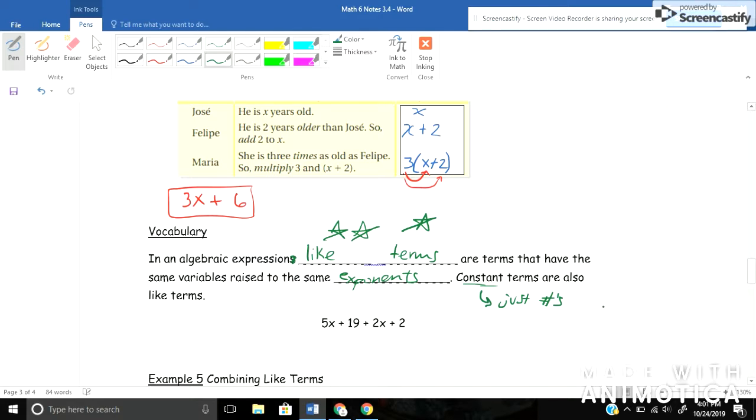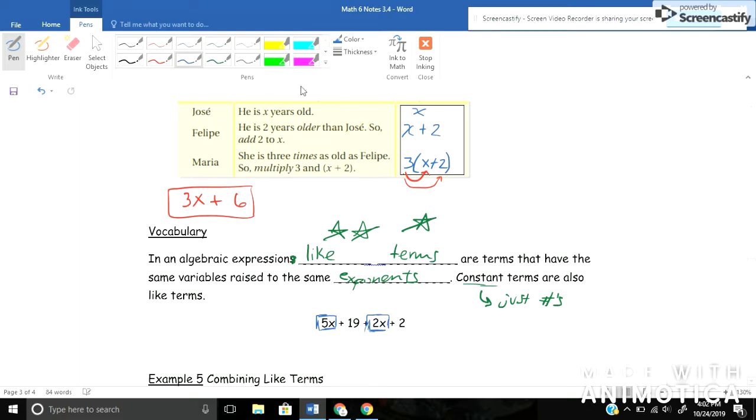All right? So in this problem here, if I were looking at my like terms, I would say 5x and 2x are like terms because they have the same variable. They both have x. Okay? It doesn't matter that their coefficients are different. They both have an x, so they're like.